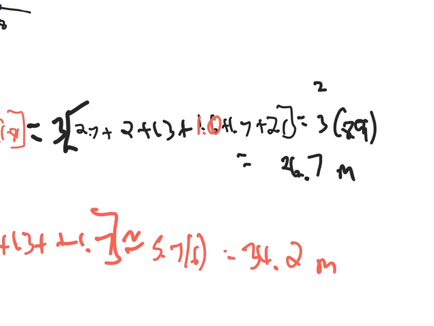So if I add that up again, 2, 4, 5, 6, 7, 8, 8.8 times 3. 8.8 times 3, 24, 25, 25.4 instead.